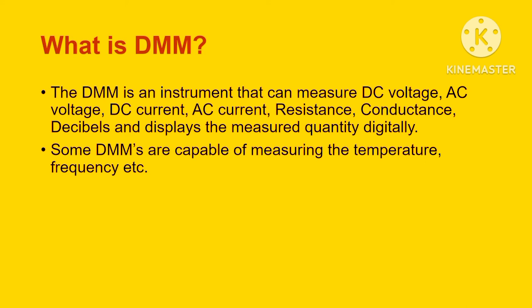That's why it is called a multimeter, because by using this meter we can measure the different electrical parameters like DC voltage, DC current, resistance or conductance. Now some DMMs are capable of measuring different physical quantities like temperature or frequency, etc.